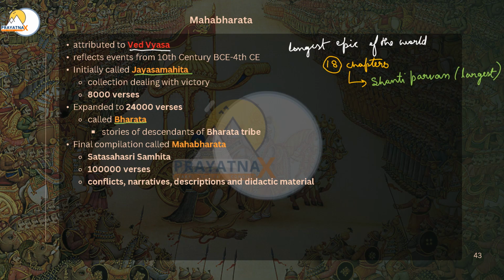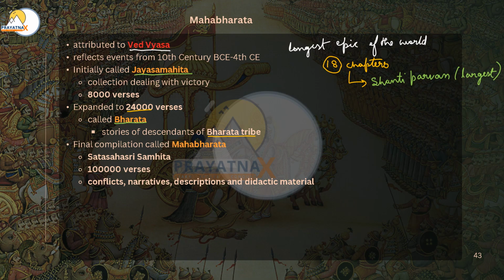Now, this contained about 24,000 verses and had stories about the descendants of the Bharata tribe. Later it became Mahabharata in its final version, which was also known as Sheta Shastri Samhita.